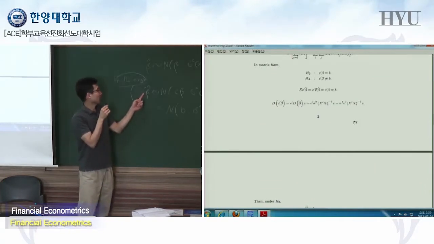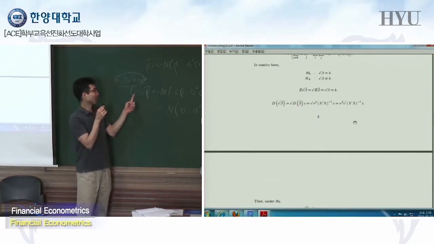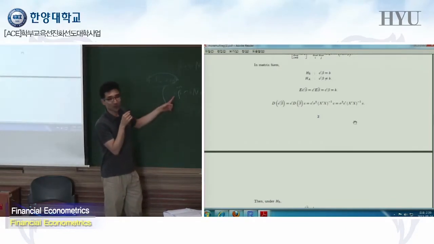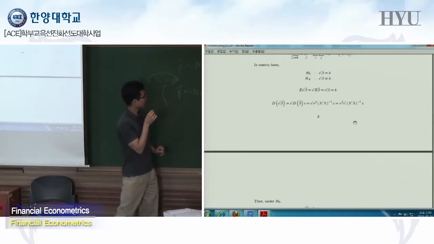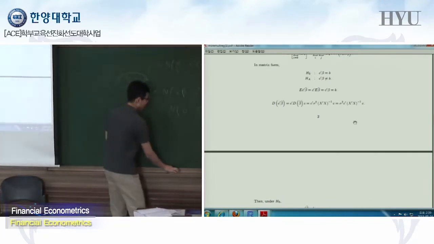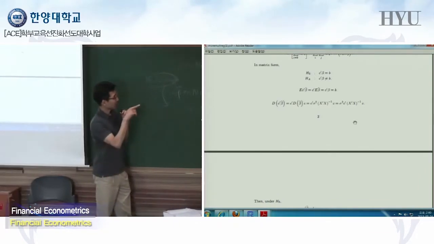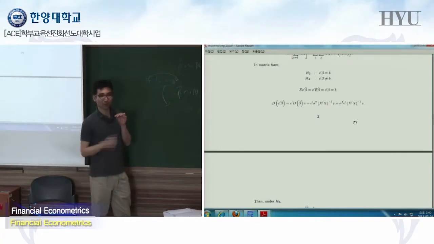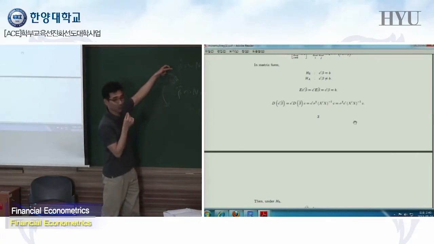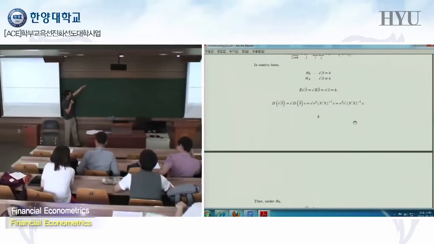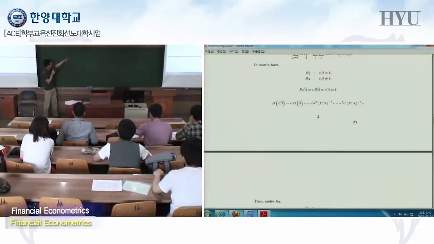If we multiply C prime in front of beta hat, we are simply multiplying by a constant vector. So it should be normal distribution with mean C prime beta and variance sigma square C prime (X prime X) inverse C, right? We all know this one. This holds because of either the large sample or the normality assumption, and because C is constant, we have this one.